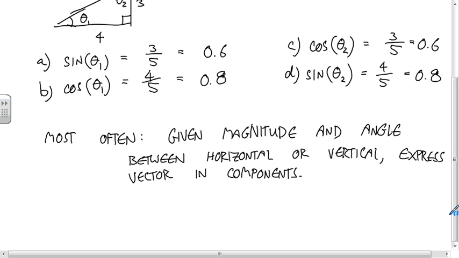So to do that, let's say this is the vector. And let's say that we're given that it makes an angle with this horizontal of, in this case, 45 degrees. And let's say that the length of the vector is 10.